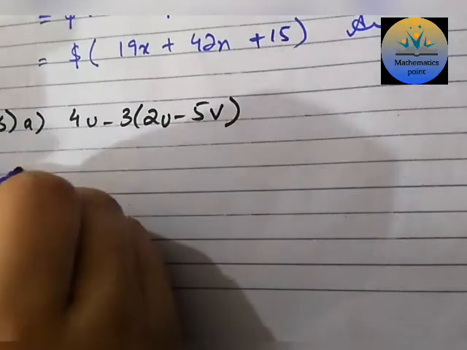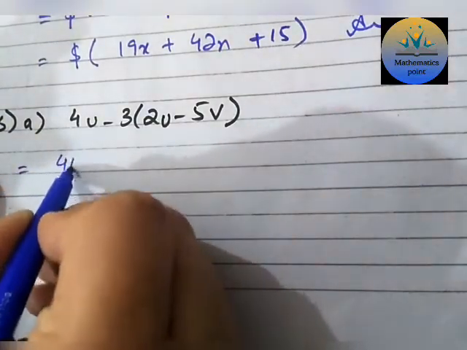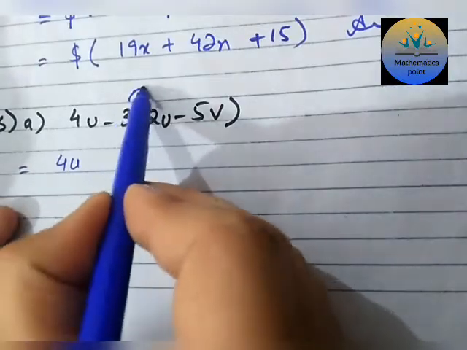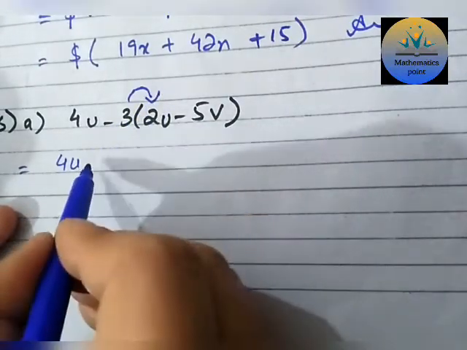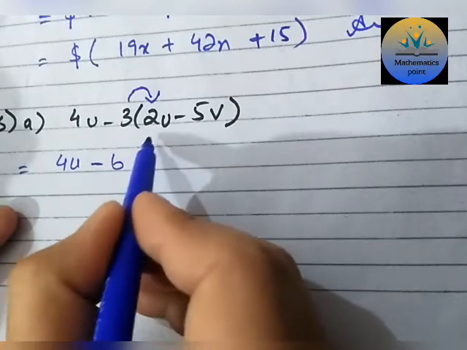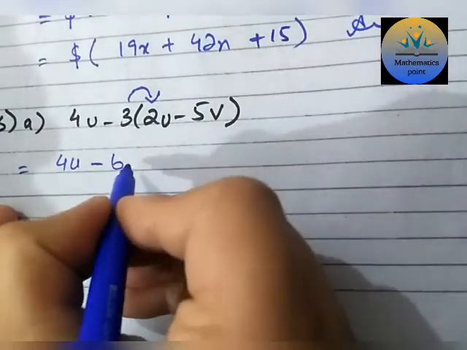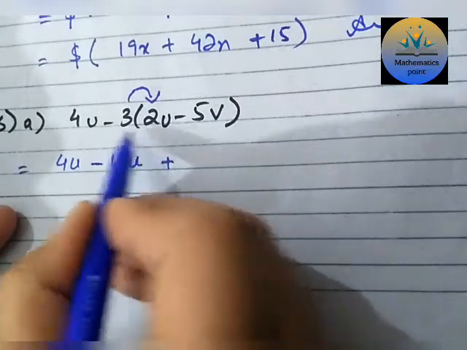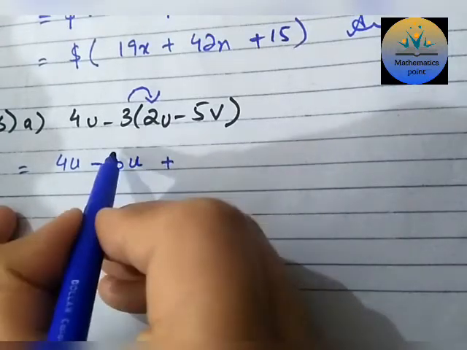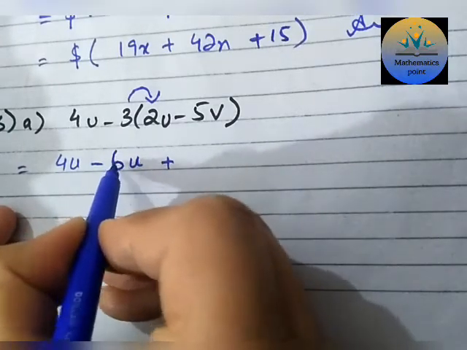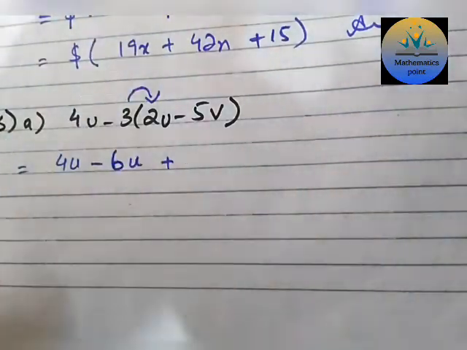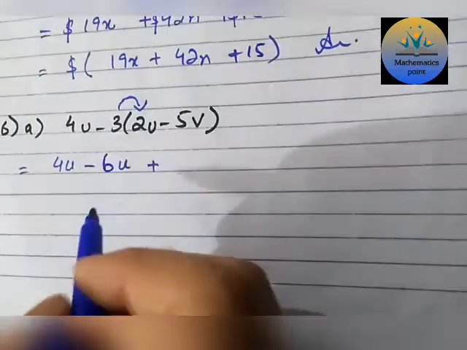Okay ji, firstly for u, we expand this bracket through the distributive law. Firstly we multiply with the first term, minus times plus, 2 threes are 6, and this is u. Then minus times minus, in multiplication minus minus will become plus, as in my earlier lecture or video, I just add the link in the description, where we learn the rules of multiplication.